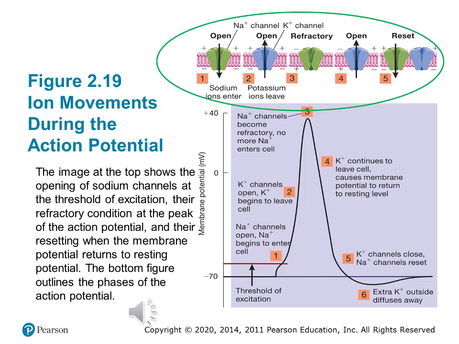Figure 2.19 of your textbook finally shows us what is happening simultaneously with respect to the action potential and the opening or closing of ion channels in the neuron membrane.